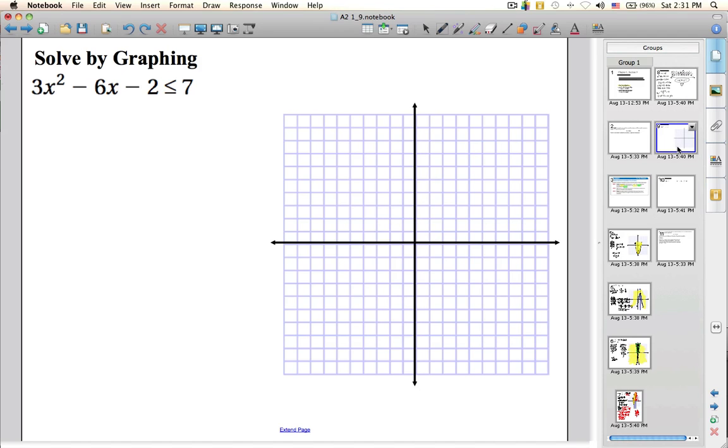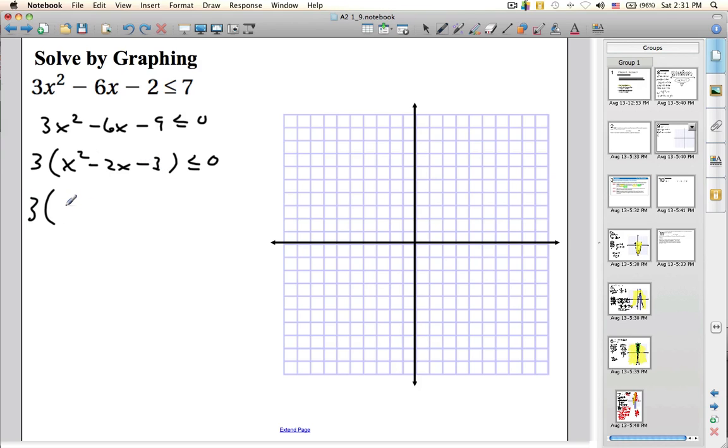You could see that maybe it would have been easier to solve this by graphing. So if we want to solve by graphing, I want to put it into something like standard form. Subtract 7, we get -9, less than or equal to 0. I look at this and I go, oh, well, I can factor a 3 out of all of this. That's nice. X squared minus 2x minus 3, less than or equal to 0. Now I could graph by finding the vertex, but I also might want to find factors of 3 with a difference of 2 like I did before.